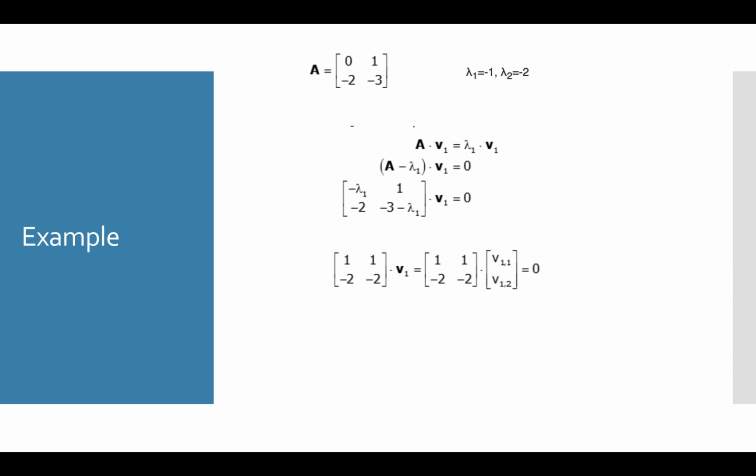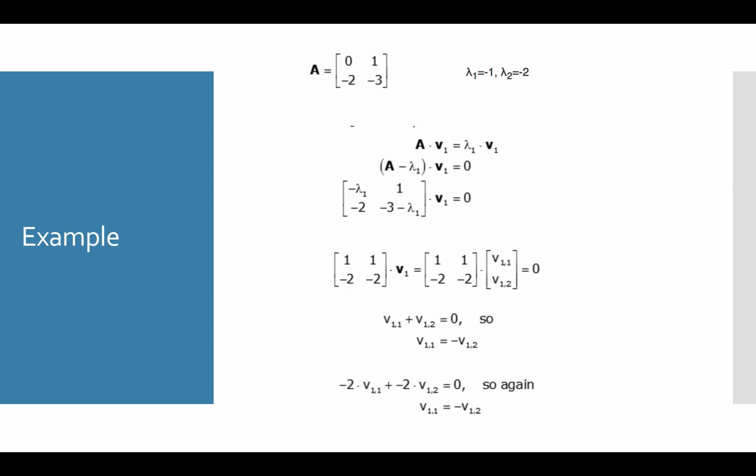So we have this equation at the bottom, and we have two equations because of it. If you multiply V by this matrix [1, 1; negative 2, negative 2], you'll get V11 plus V12 equals 0. So you'll get V11 equals negative V12.